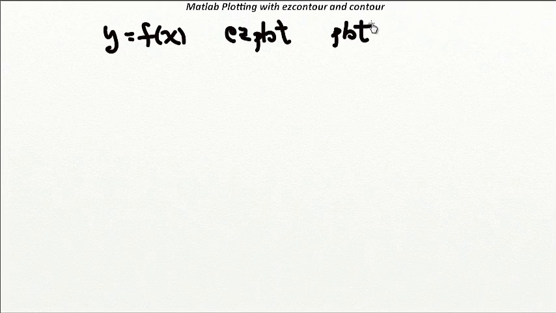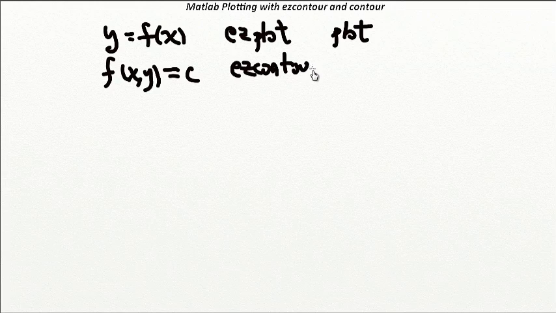We're going to, in this short video, see how to define and plot an implicitly defined curve, a curve of the form f(x,y) equals c, again via two commands, one symbolic, one numeric. Those commands will be ezcontour, ezcontourf, and contour.